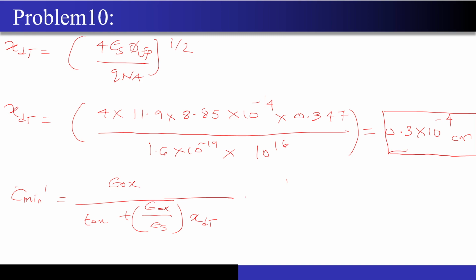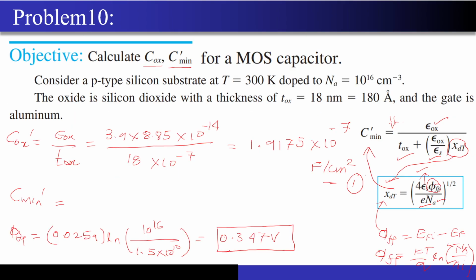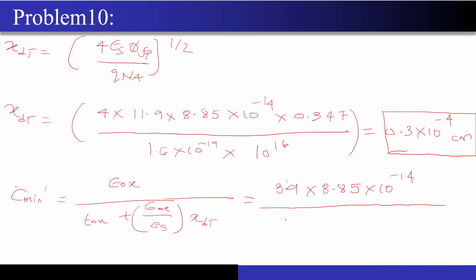Epsilon ox is 3.9 for silicon dioxide, then 8.85 into 10 to the power minus 14. The thickness of oxide given in the question was 18 nanometers. I have to convert everything into centimeters, so I multiply by a factor of 10 to the power minus 7.